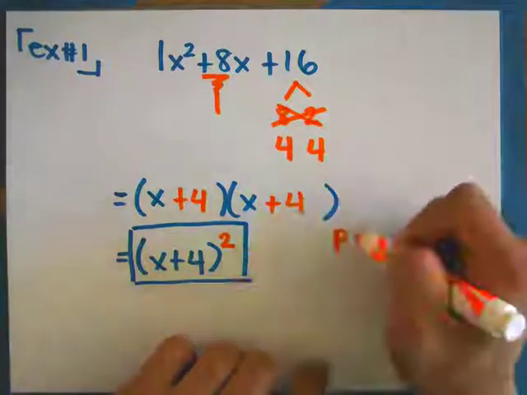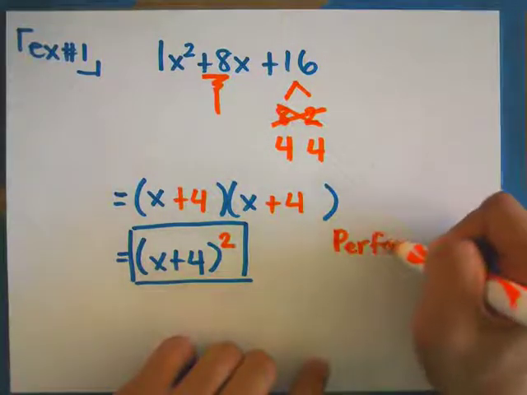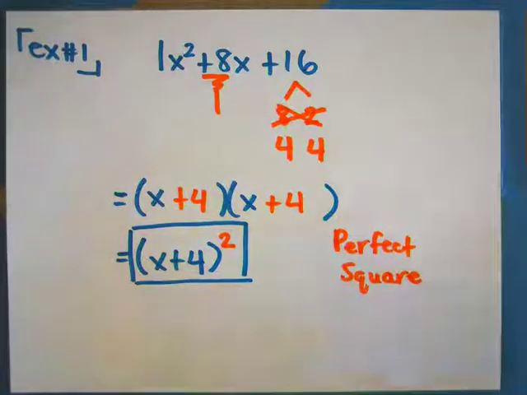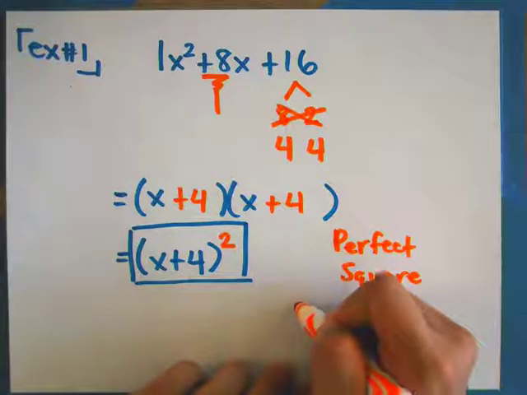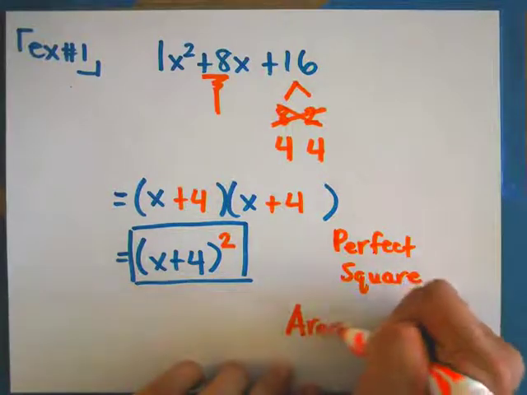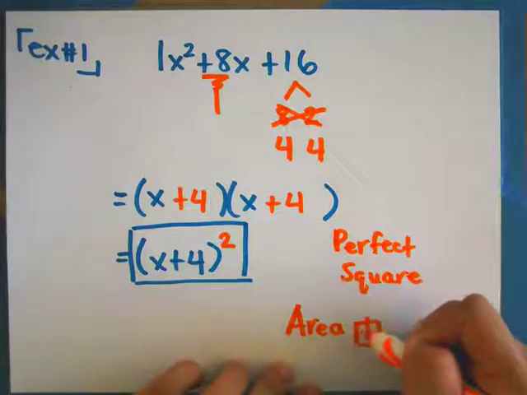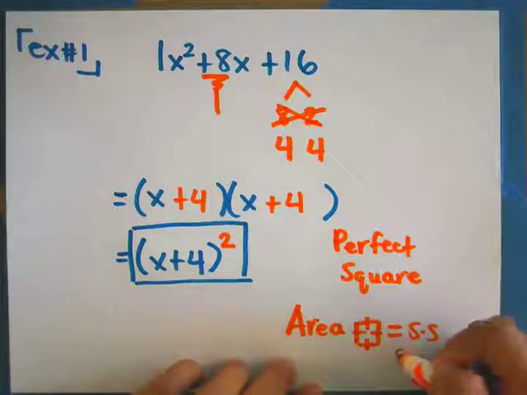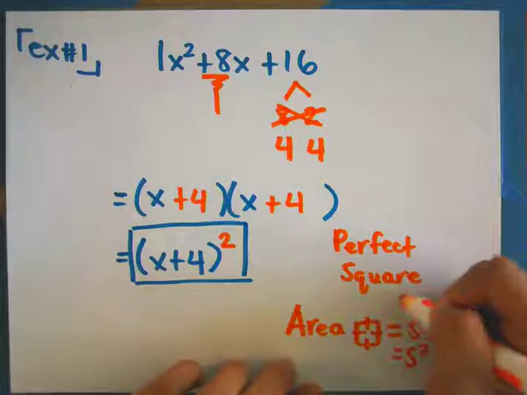When you have this, it is called a perfect square. And the reason why we call it perfect square is, one reason why, if you go back to geometry and find out the area of a square, well, the area of a square is side times side, or s squared, or x squared.